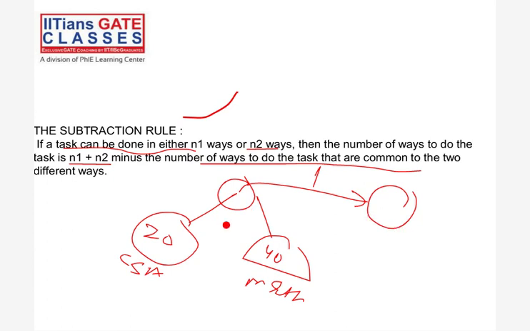We have seen this question already in our sum rule, but there the condition was that these 20 teachers are different from these 40 teachers. But now, let's assume five teachers are such that they teach in the CSE department and also in the math department. So there are five teachers who are here also, and here also.